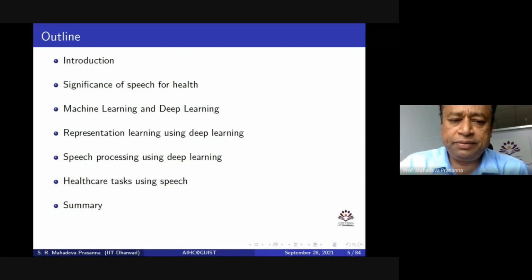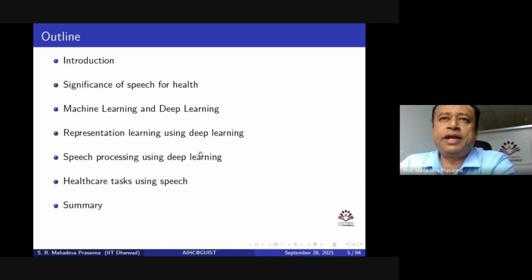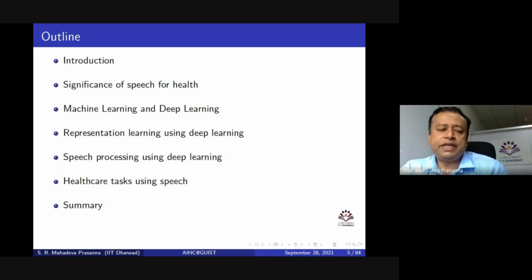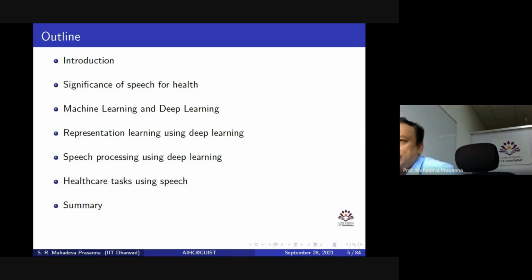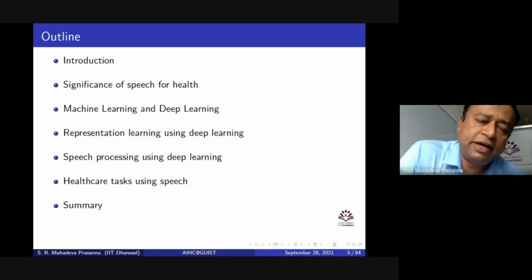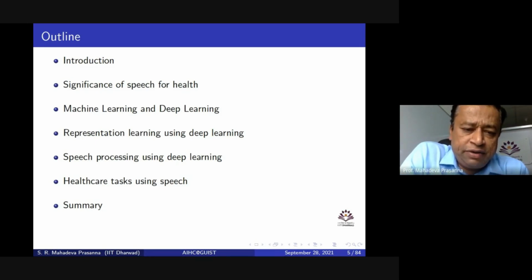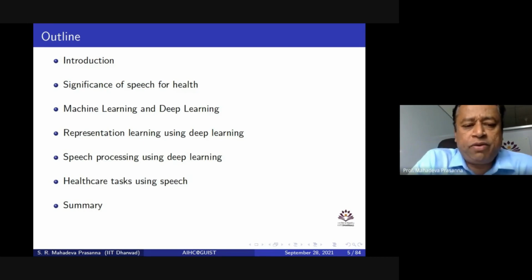There is something else which is prevalent once deep learning became very powerful, what we call representation learning, or most commonly feature representation learning. In deep learning parlance, representation learning refers to the features which are learned by the deep learning models.